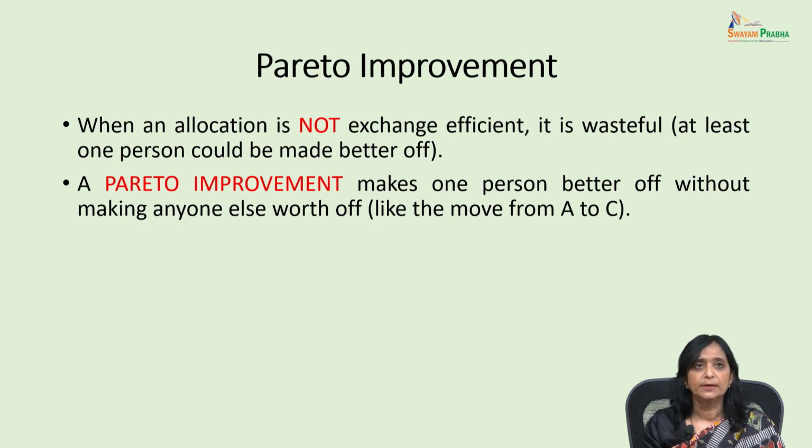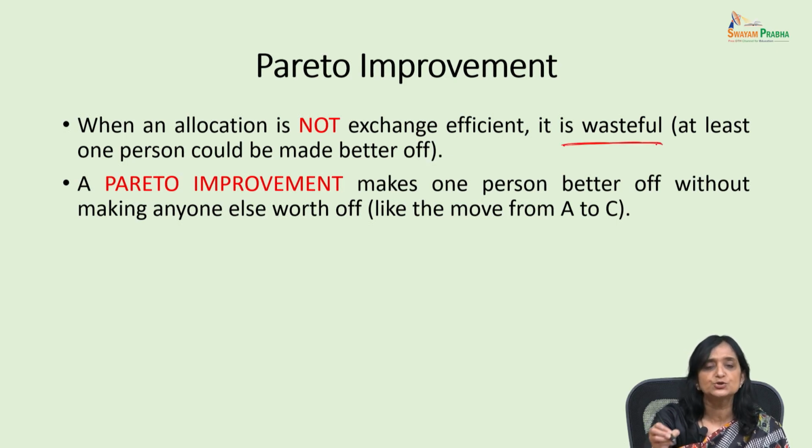For example, as we've just seen in the previous slide, we could move somebody from B to C without making someone worse off, and you're making someone better off. So when Ram was on point B, this means that the exchange was not efficient because we had a choice to make Ram better off, but we were not doing it. This means that that particular allocation of goods was wasteful. We had a choice to increase the social welfare, but we were not doing it.